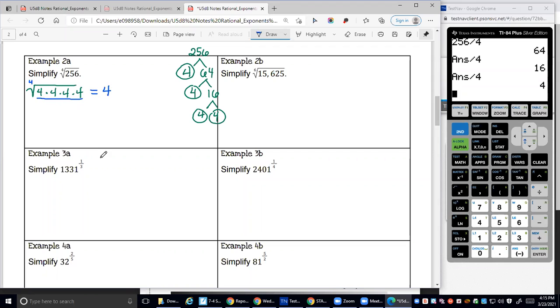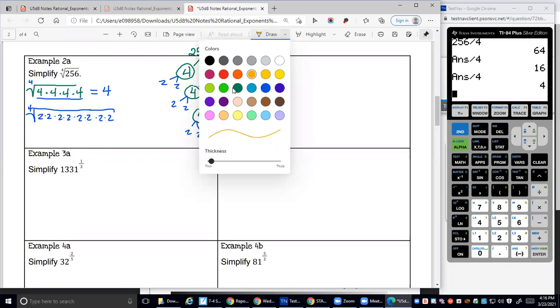Now let's say we were determined to work hard and we took it all the way down to the 2s. We still have the 4th root here that we're looking for. And I got 2 times 2 times 2 times 2 times 2 times 2 times 2 times 2, right? That's 8 2s. So I'm looking for those groups of 4.